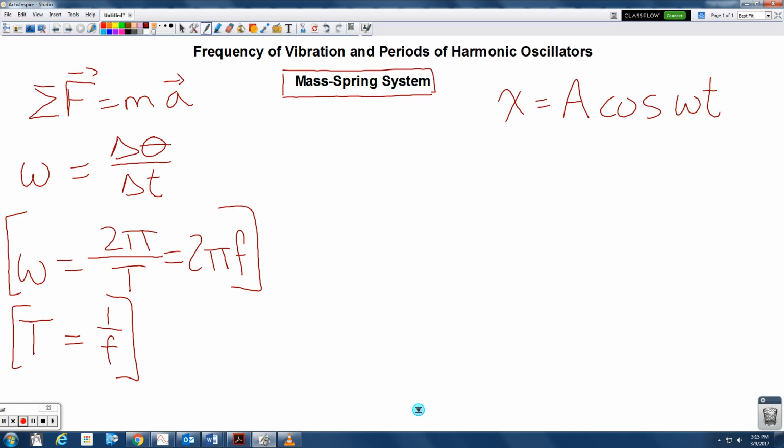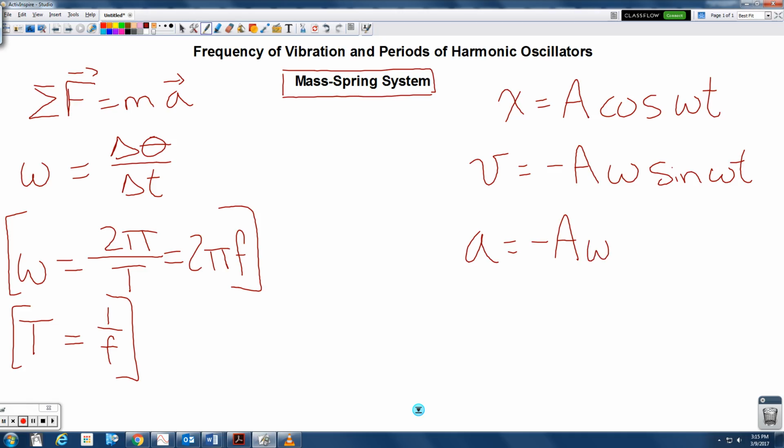We were able to then show velocity. The velocity of the harmonic oscillator, using our reference circle, we found was negative A, the amplitude pointed in the opposite direction, omega times the sine of theta, which again was the sine of omega t. We also then found the acceleration. The acceleration for that object that is oscillating with simple harmonic motion was negative A, again for amplitude, omega squared, cosine omega t.